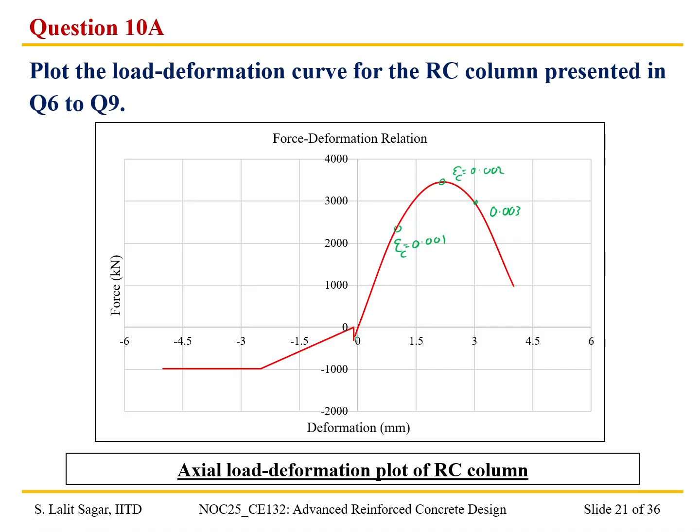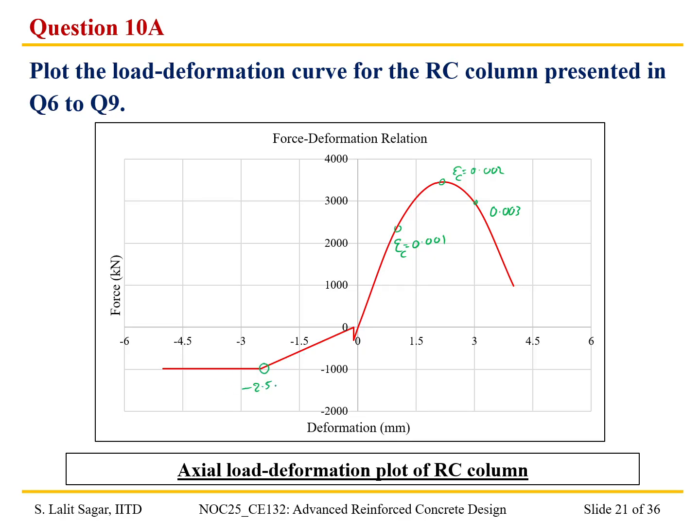On the other hand, under tension, what happens is initially there is a cracking, then there is a slight drop in the load capacity. It doesn't reach zero exactly. Then, with the increasing tensile load, the resistance increases to a value of minus 2.5 millimeter.